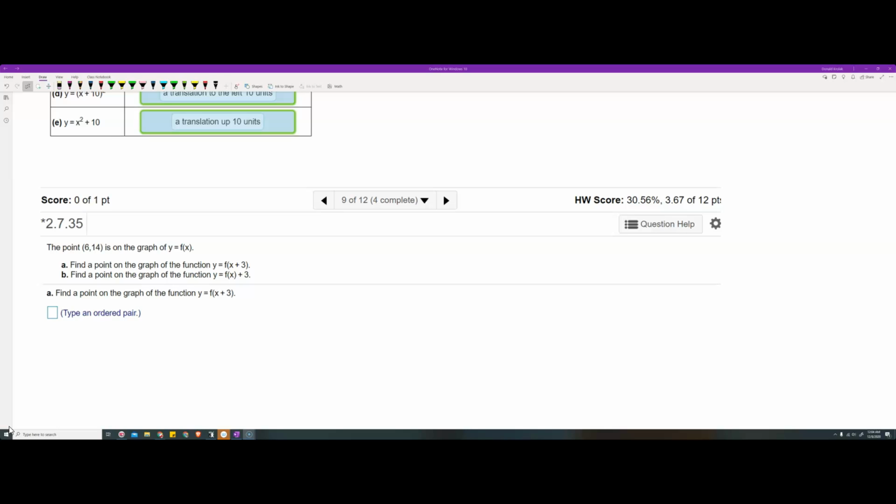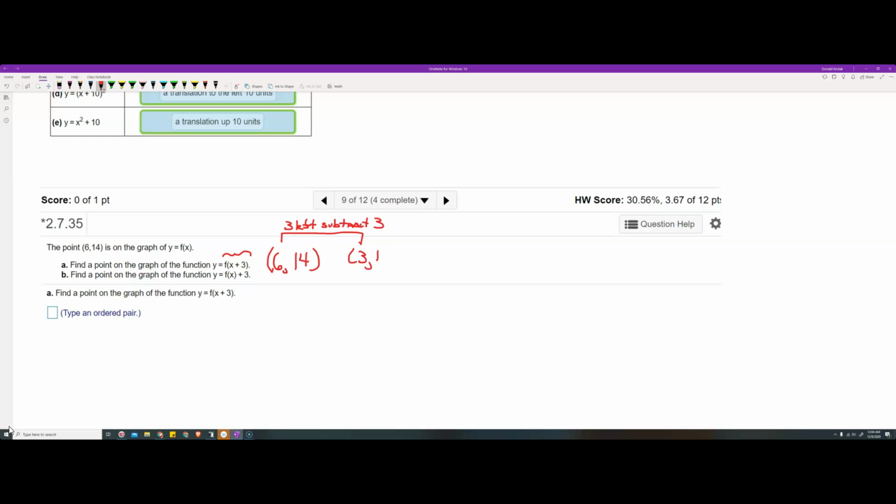We're going to take the point (6, 14) and apply this transformation. So adding 3 inside the parentheses means that we're going to slide the x-coordinate 3 places left. And I would do that by subtracting 3. The y-coordinate is unchanged.